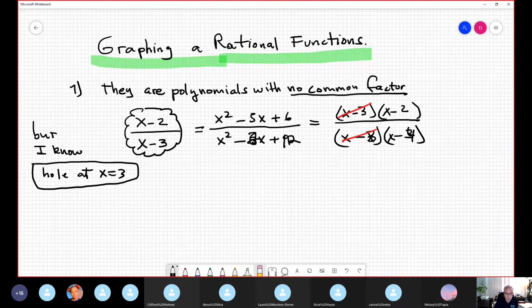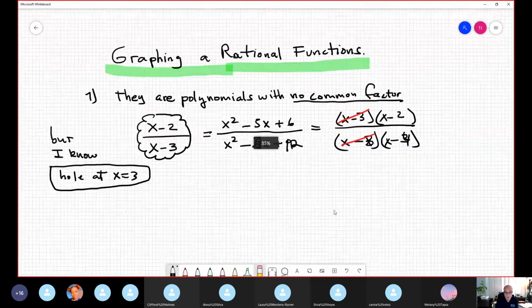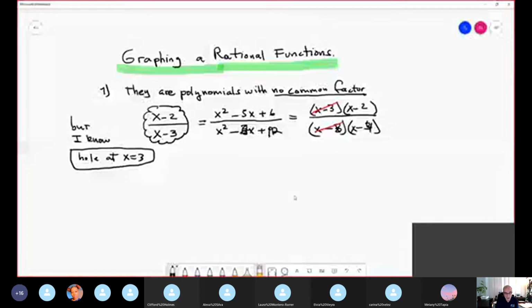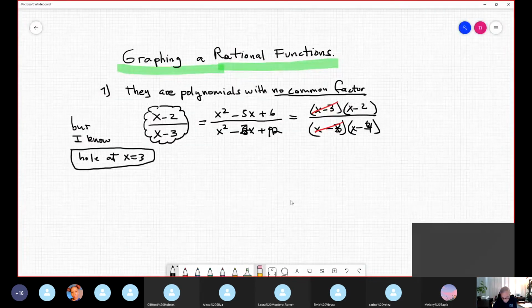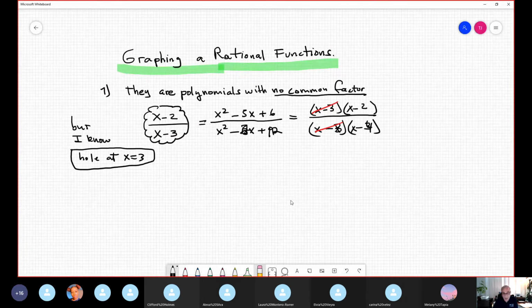Do you understand this step or no? Okay? The first thing you should do is factorization. It doesn't always happen that we have a common factor. If we have no common factor, no hole, that's it. If we have a common factor, you cancel it out. You work with the new expression with no common factor, but under the consideration that we have a hole where the factor is cancelled. In this case, 4 here.